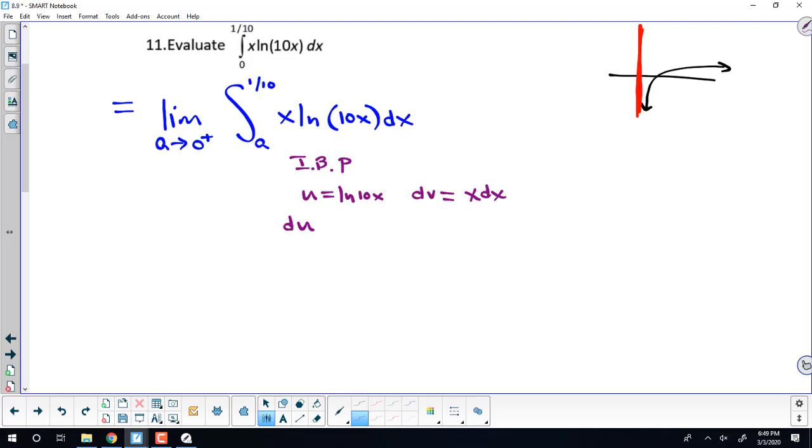Du, the derivative of natural log of 10x, would be 10 over 10x, which is 1 over x dx. And then v is the antiderivative of x, so x squared over 2.